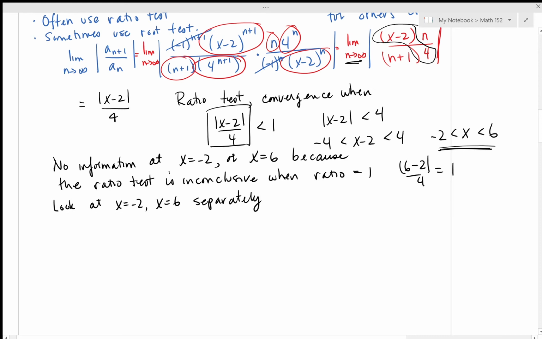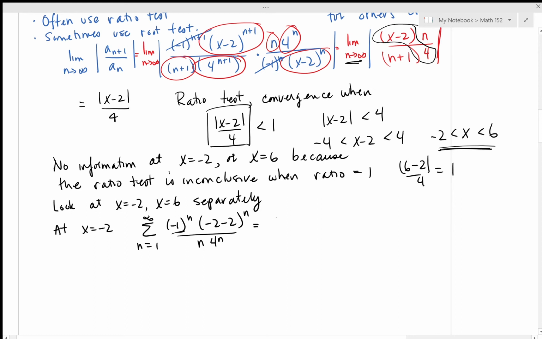Okay, so let's do x equals minus 2 first. What we're looking at is the sum from n equals 1 to infinity of minus 1 to the n, times minus 2 to the n over n times 4 to the n. So I've put x equals minus 2 right in, and then I do a bunch of simplifying here. We'll get the minus sign out, and that will combine with this.